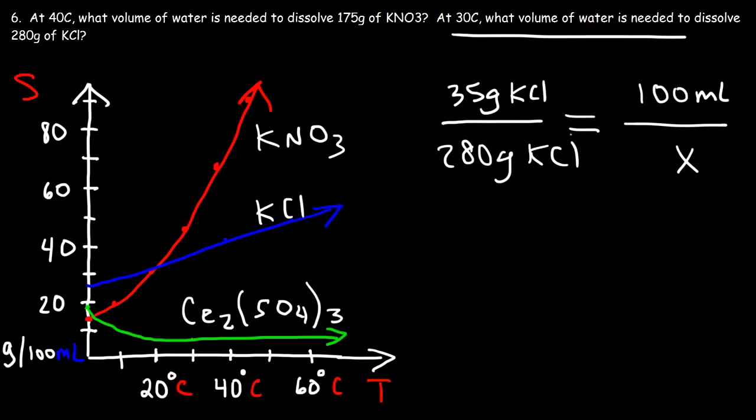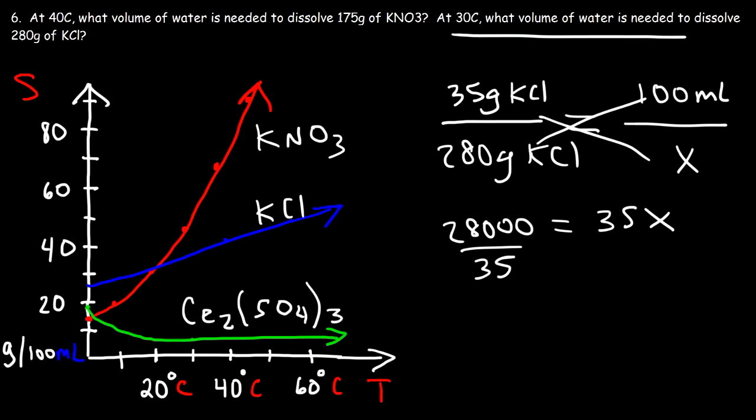So cross multiplying again, this is going to be 280 times 100, which is 28,000, and that's equal to 35 times x. So it's 28,000 divided by 35. You have to divide both sides by 35 to get x. And so that's going to be 800 milliliters.